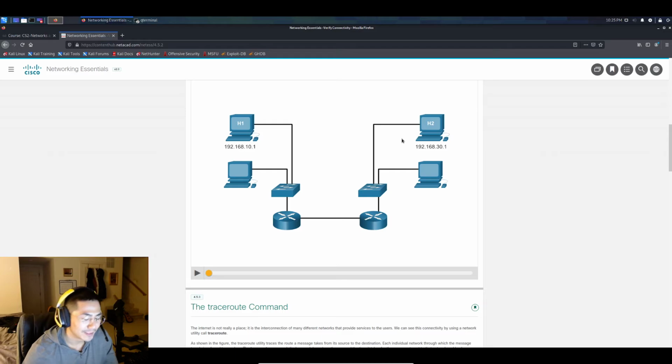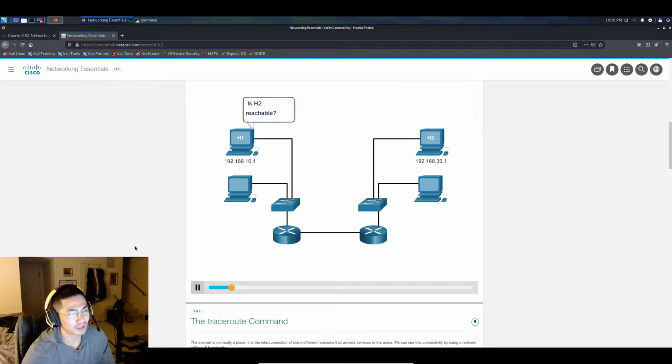My real-life example isn't like that, unfortunately, I'm not in a different network, but in this scenario, H1 is going to send a ping and it's going to reach the router, and the router is going to see, okay, this is not in the network, and it's going to send it out through this interface, and then this router is going to receive it and be like, oh yeah, I know where this is, and then it's going to send it to H2, and I can play it live.